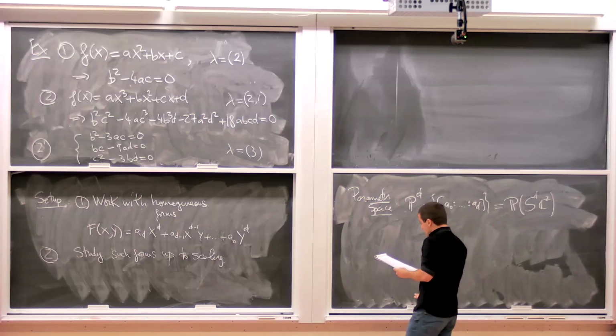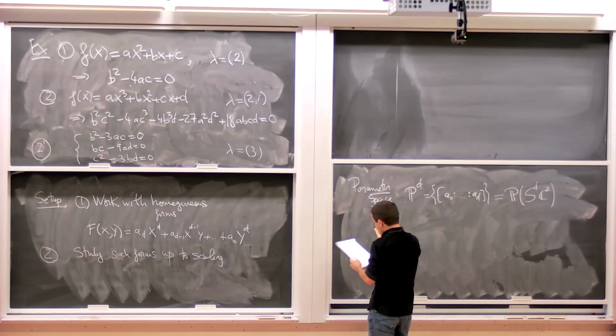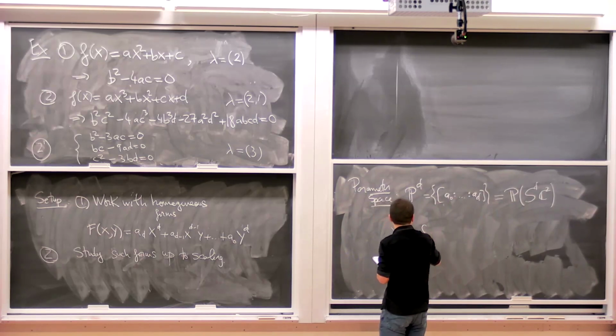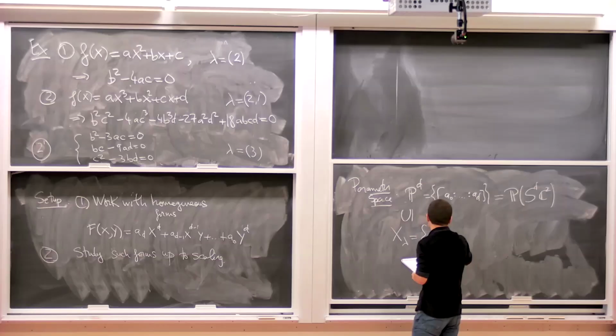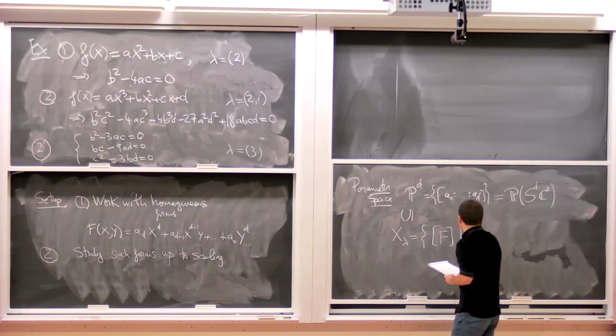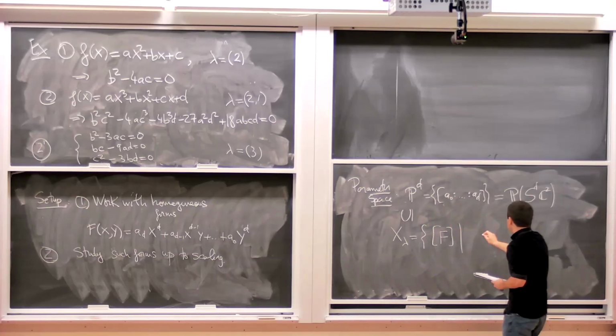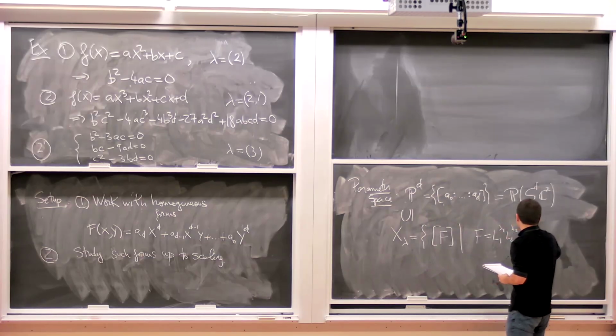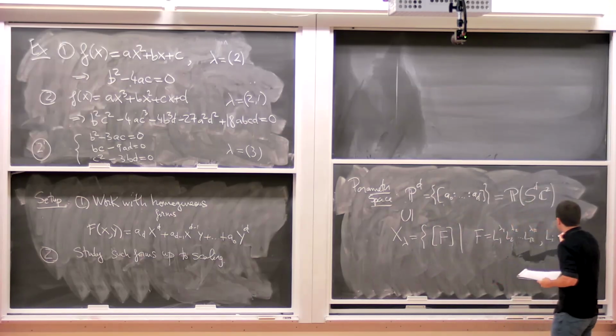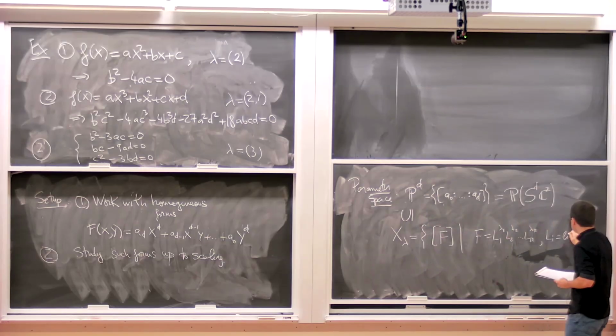So that's the parameter space, and what are we going to be looking at? We're going to be looking at the subset of those forms, which I'm going to write in this way now, with the property that they factor as L1 to the lambda 1, L2 to the lambda 2, Lr to the lambda r, and each Li is just some linear form.